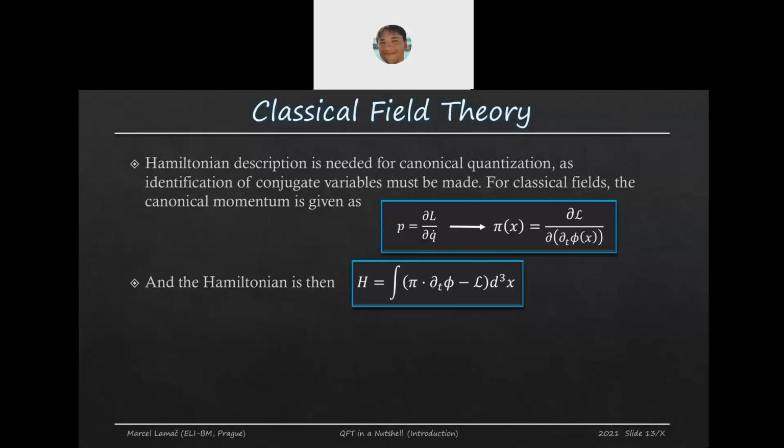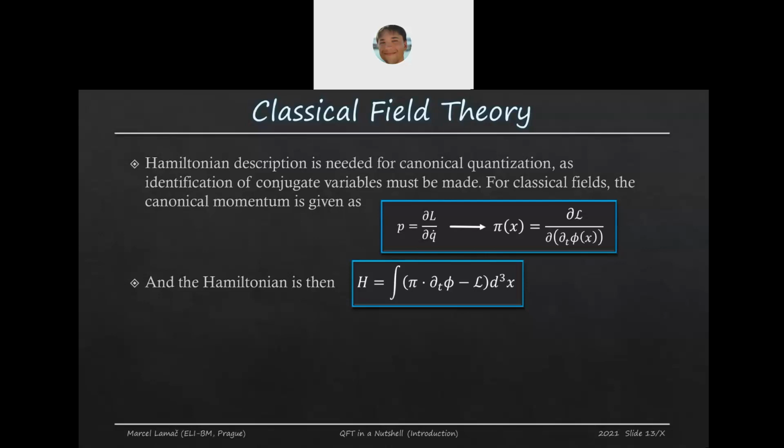If we have the canonical momentum defined, then nothing stops us from defining the Hamiltonian with the Legendre transform. That is the integral, since once again we are talking about everything in terms of densities.